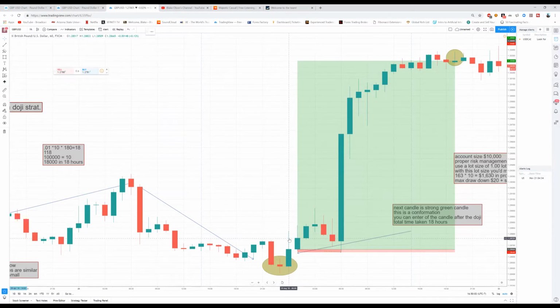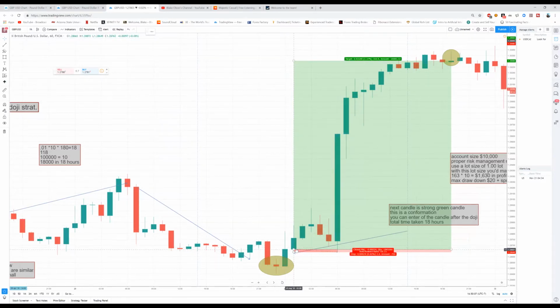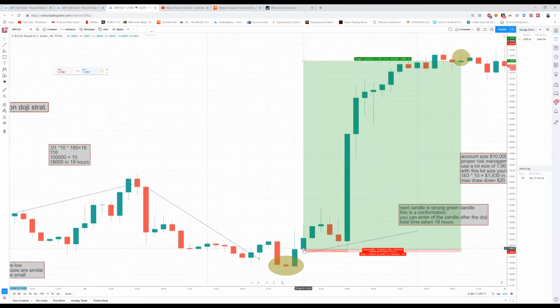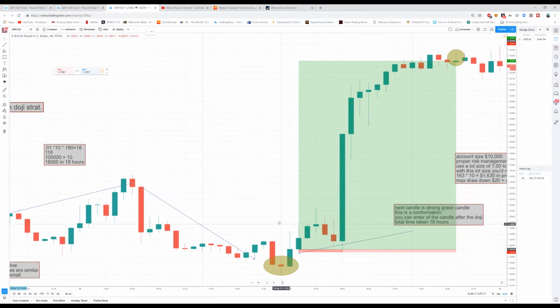You do count the wick for that. So it's still good for the buy, even that late in. This is entering after the next candle after the doji, just to be as realistic as possible, because a lot of times we miss the doji. If you did get it at the doji, you'd make even more than this.